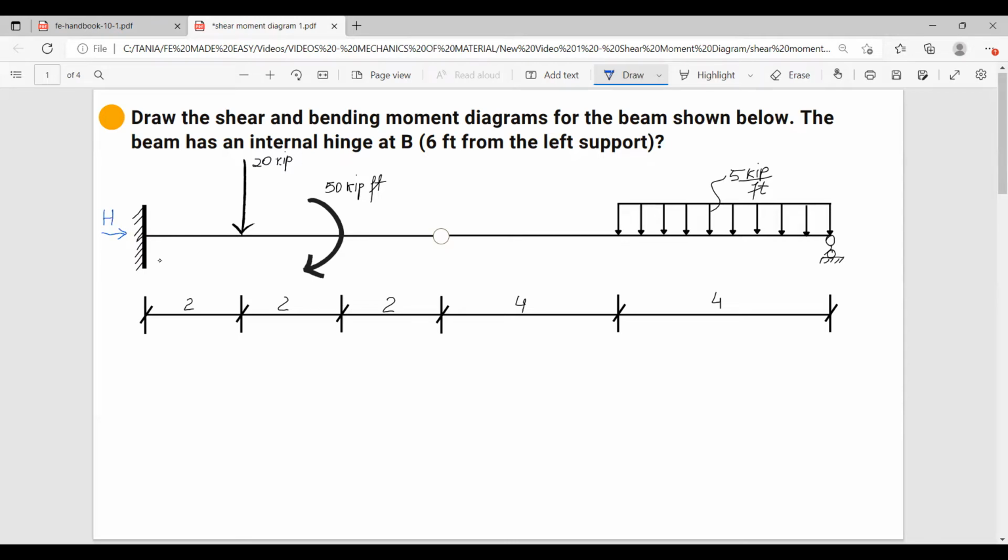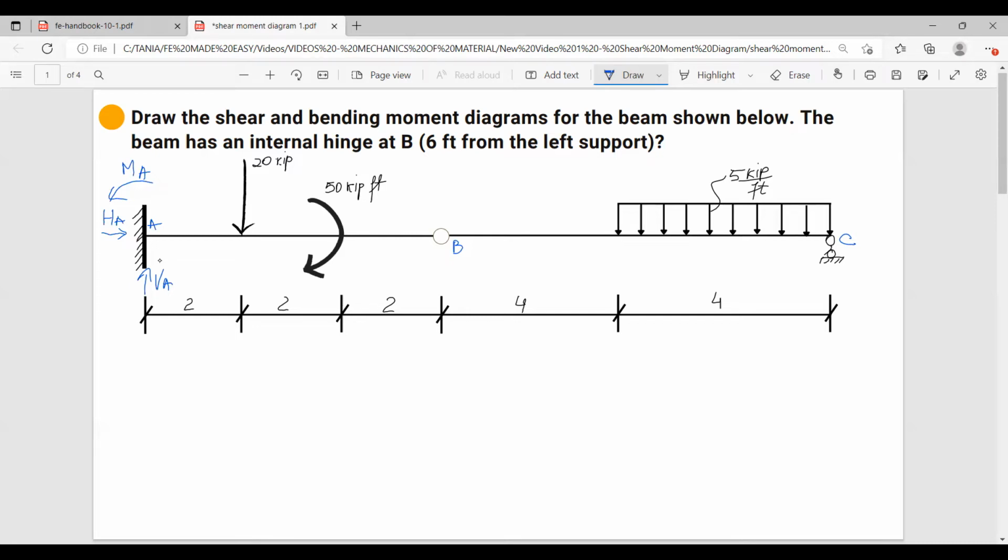I'm going to call this A, B, C, and then we have a vertical reaction, I'm going to call it VA, and also this is going to be MA.